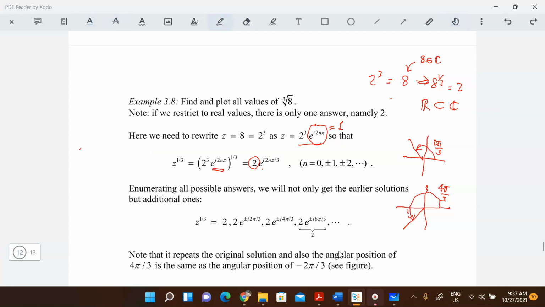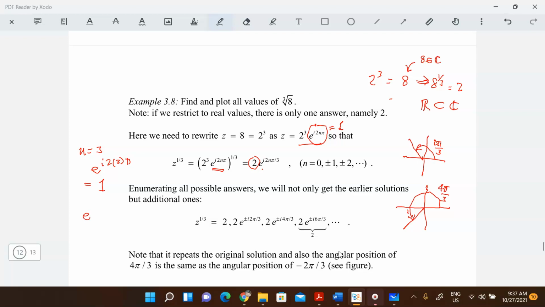N equals 3 means exponential i 2 times 3 times pi, but exponential of even multiples of pi is simply equal to 1.